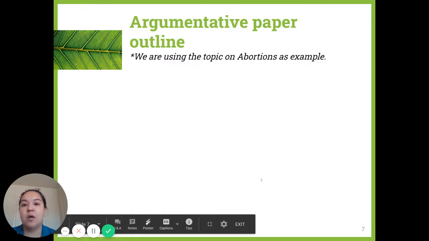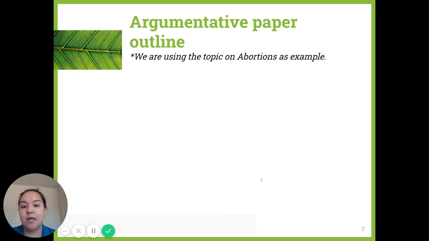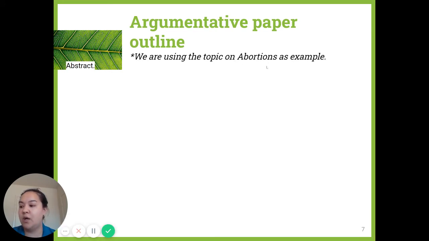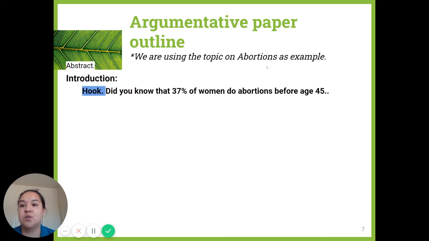Okay, now the argumentative paper outline would be slightly different. Let's take a look at the differences. Remember, we are using the topic of abortions as our example. So again, we start with an introduction. The hook would be an interesting and exciting fact.